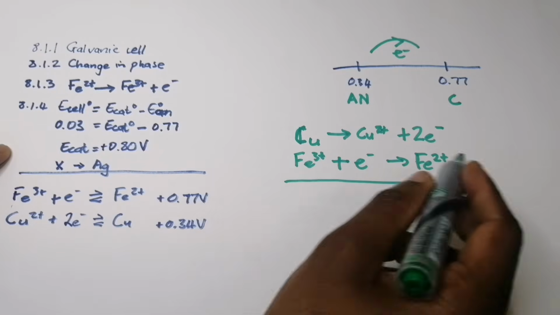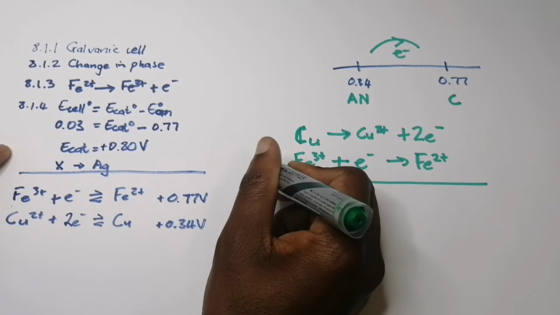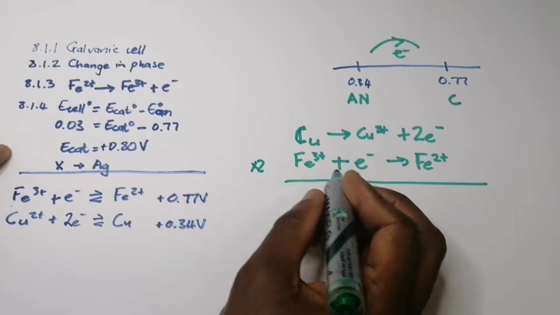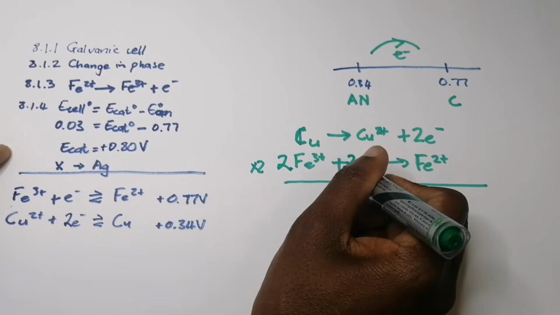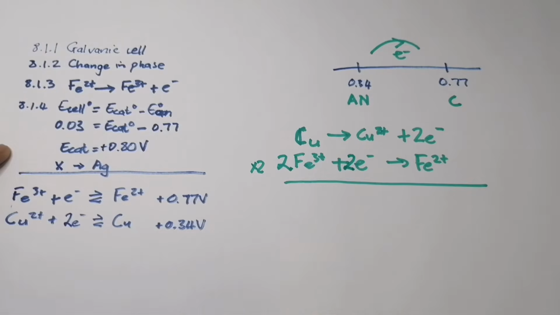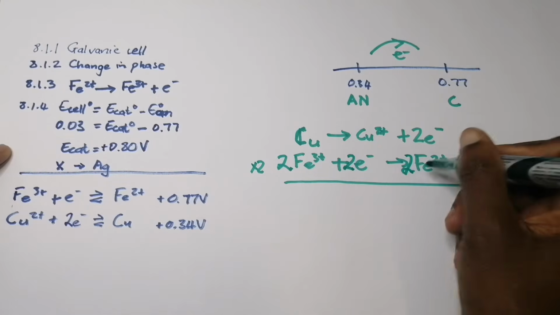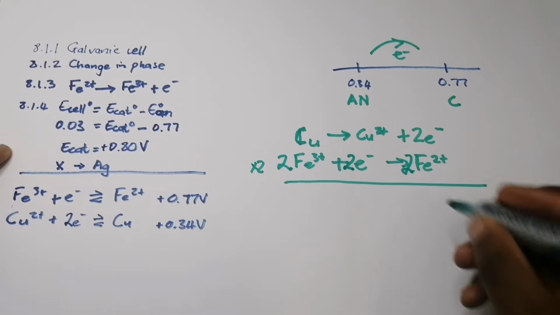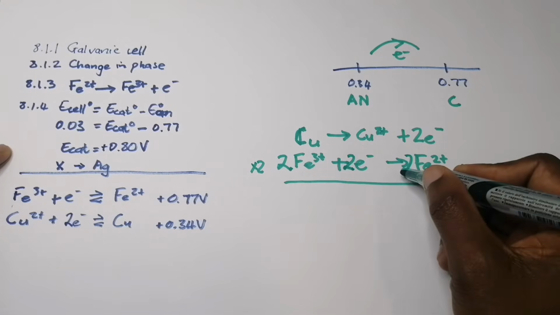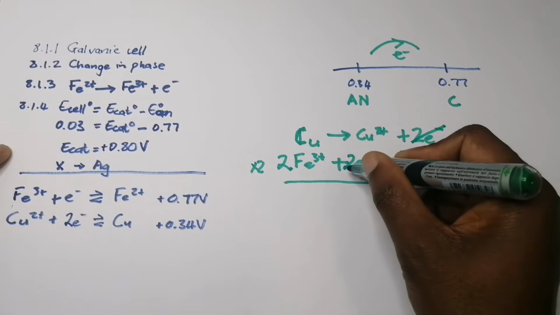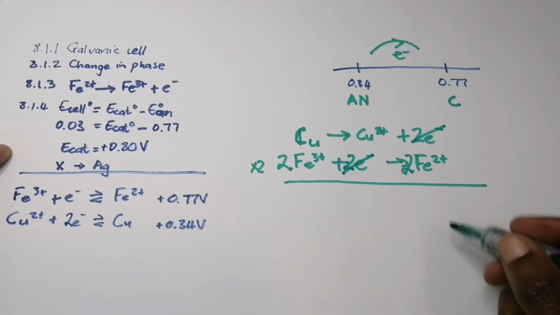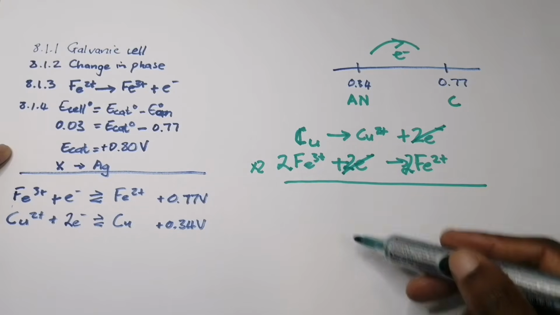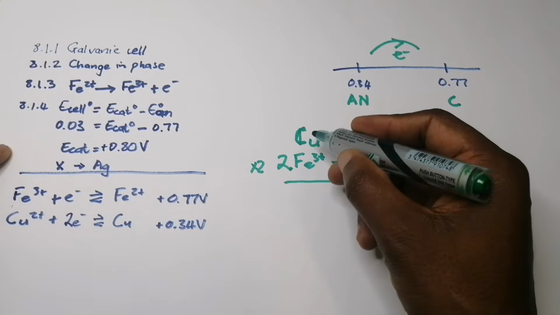And by the way, you need to multiply everything. So I'm going to multiply this equation by 2. In this case, it's going to be 2 Fe3+ plus 2 electrons, and it's going to become 2 Fe2+. So the number of electrons given is equal to the number of electrons received. All I simply do is write everything that's on the left hand side of each equation.